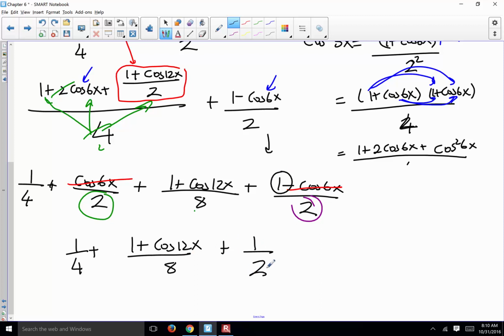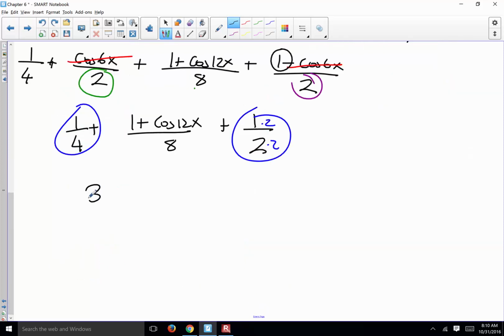But 1 over 2 and 1/4 can be made into, set the common denominator, 3/4. Half and a quarter makes 3/4. 3/4 plus, well, there is another 1/8 here that can be combined, right?